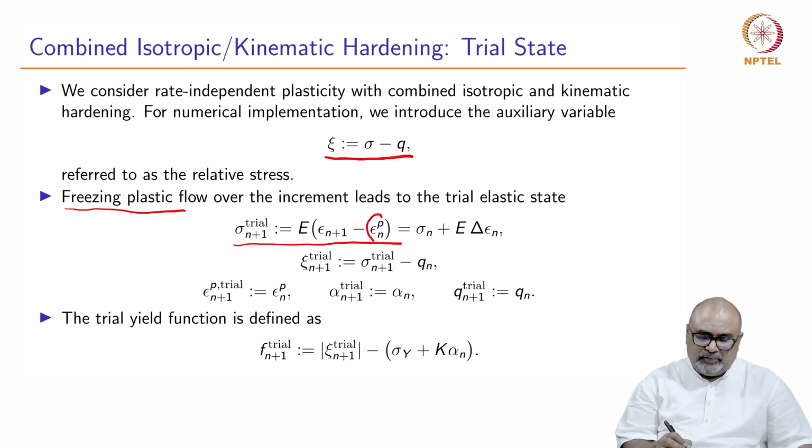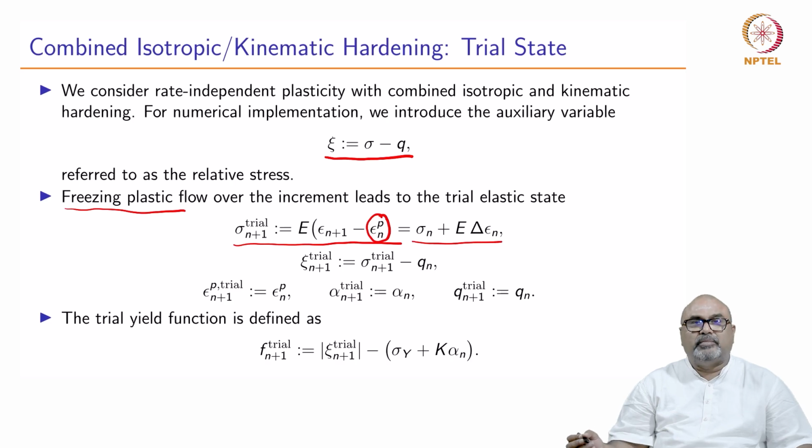This is obtained from the previous step, which can be written as sigma n plus E times delta epsilon n. The auxiliary variable or the relative stress, psi n plus 1 trial, is defined as sigma n plus 1 trial minus q n. Again, here the plastic process is frozen during the trial elastic step.